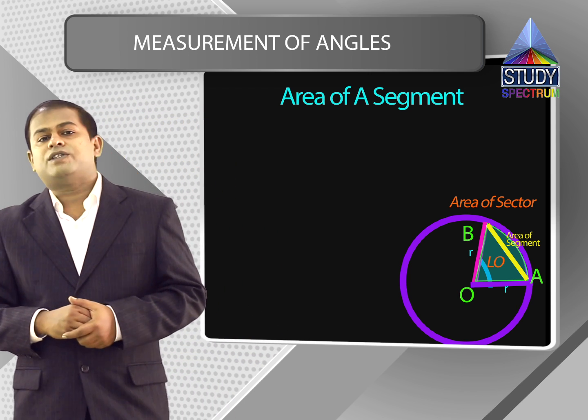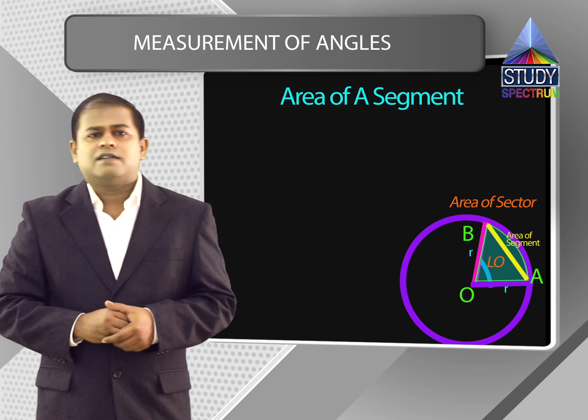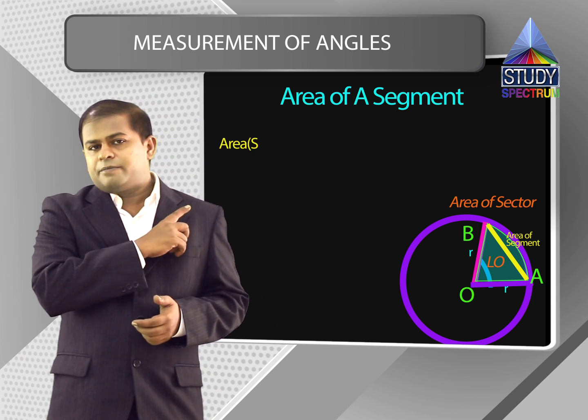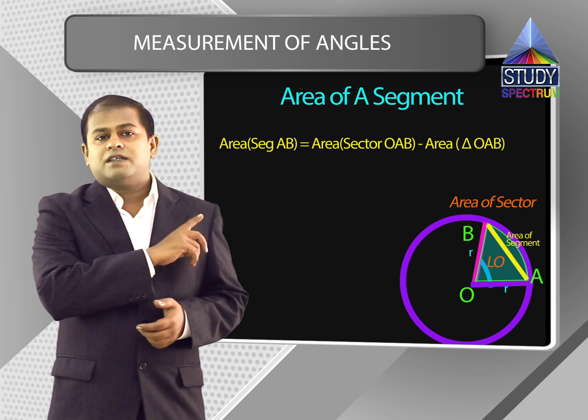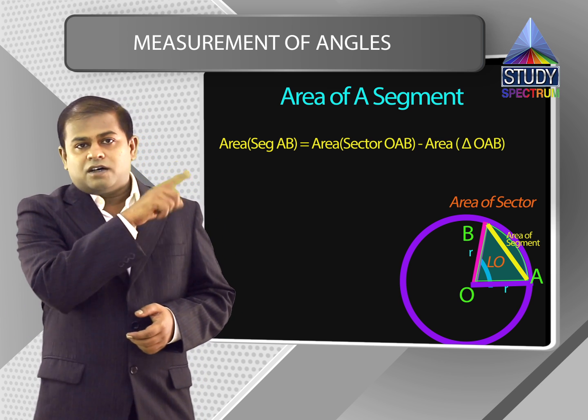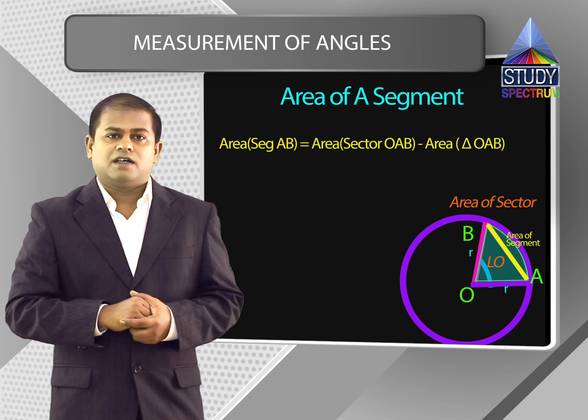So the question is how to measure that area. By area addition property, we can say area of the segment AB will be equal to area of sector OAB minus area of triangle OAB.